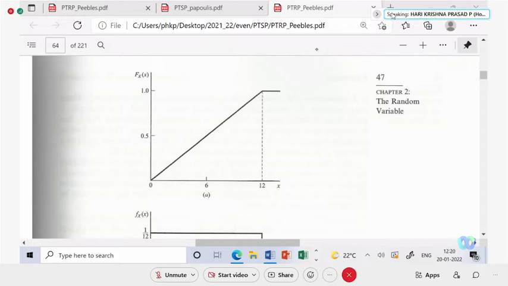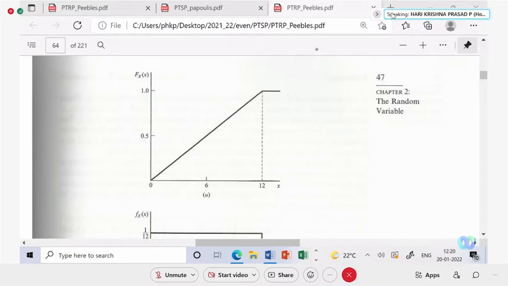Another question: is it a function that can be called a distribution function? What are the checks? The maximum value should be 1 and the minimum value should be 0. It should be positive for all values of x.